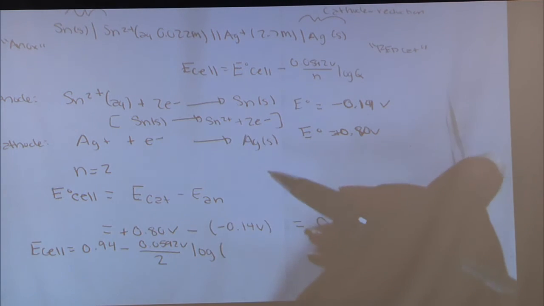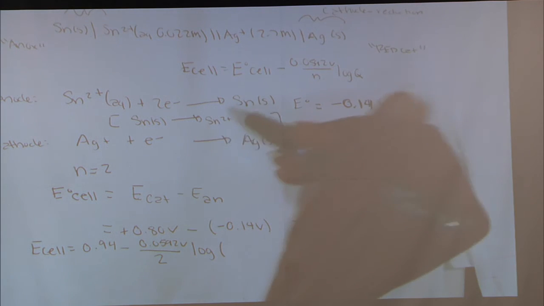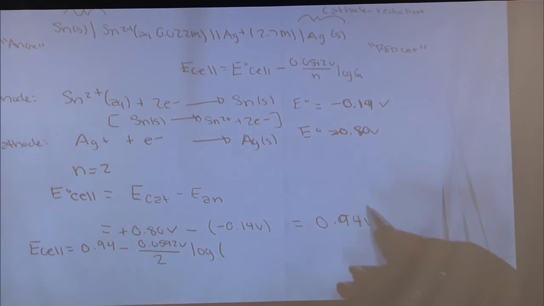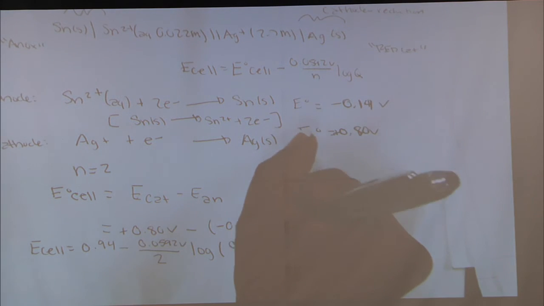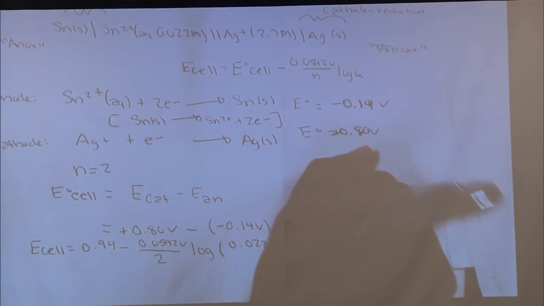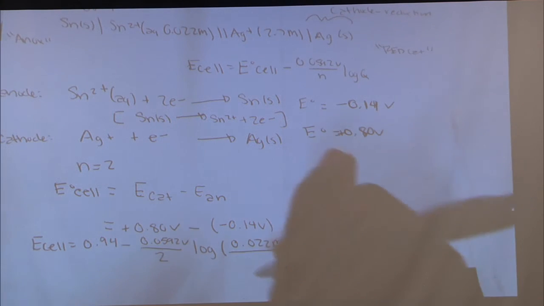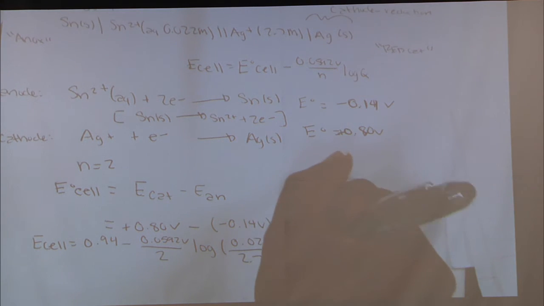So if this one's reversed and we have Sn2 plus now as a product, and we know for Q and K, you're going to put the products over the reactants. So we're going to have the concentration of Sn2 plus, so 0.022 molar, over the concentration of Ag plus, which is 2.7 molar.